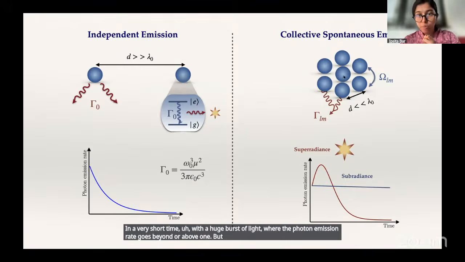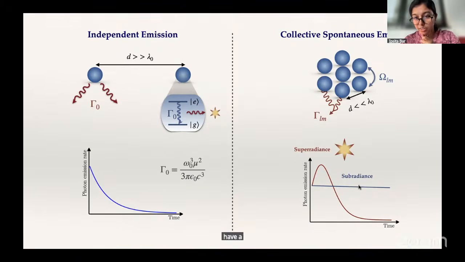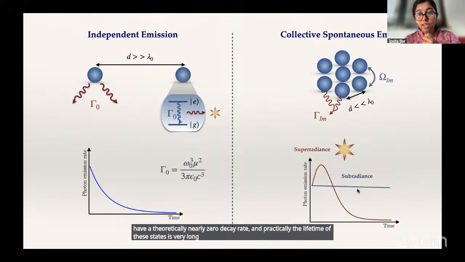But if the emission from the atoms interferes destructively, then what we get is called subradiance, or subradiant states. Interestingly, these states have theoretically nearly zero decay rate, and practically the lifetime of these states is very long. That is, these states will be very important for preserving the excitation, or they will act as a photon storage.